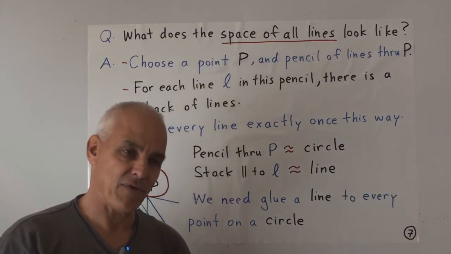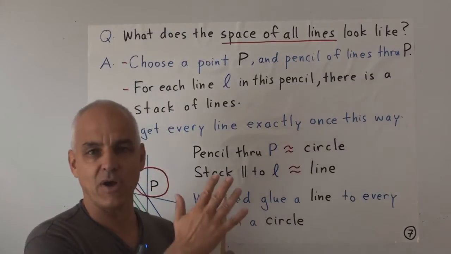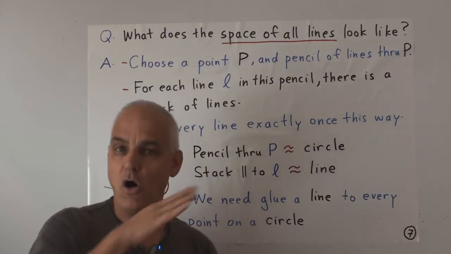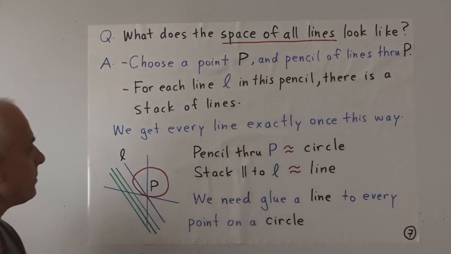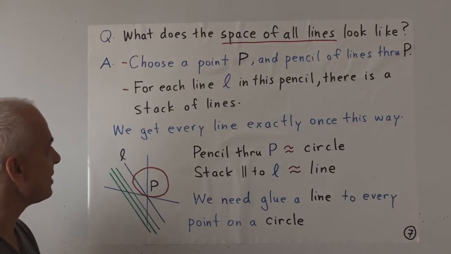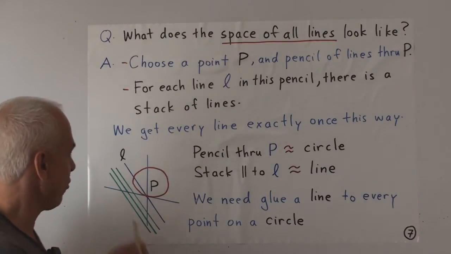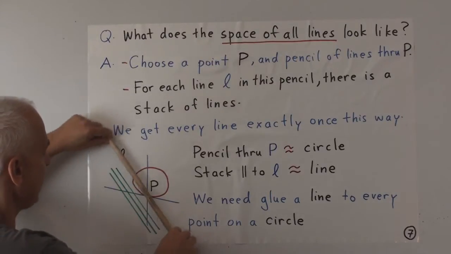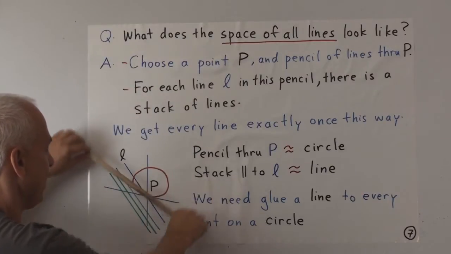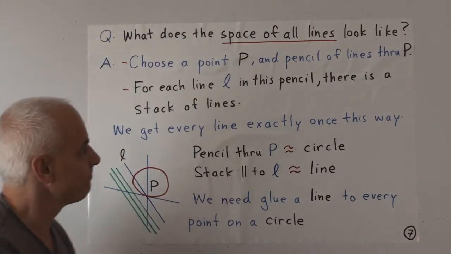So we might be asking, for example, how would we parameterize or label all of the lines? Well, one way of thinking about that is to say, let's choose a point P and think about the pencil of lines through P. So there's a point P, and we're thinking about all the lines through P. That's a pencil of lines.